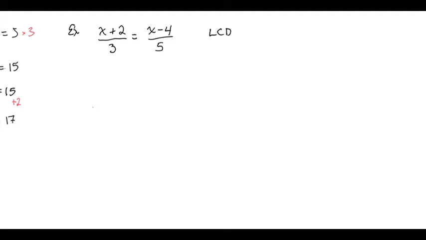Well, I can count by 3's, or I can list all the multiples of 3, which are 3, then 6, then 9, then 12, then 15, etc. And I can list all of the multiples of 5, or I can count by 5's, 5, 10, 15, etc. And what I notice is that 15 is common in both of these. Okay? If 15 is common in both of these, then that would be the lowest common denominator between the two.